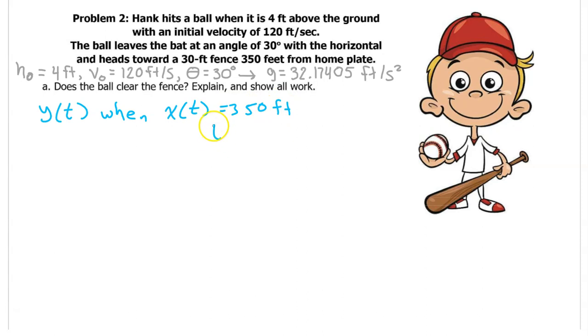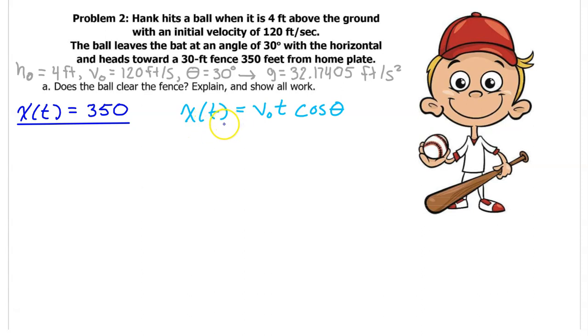So basically we need to start by finding t. We need to find the value of t that makes the horizontal position 350 feet. Then we can plug that into the vertical position formula and find out if the vertical position at that t is more than 30 feet.